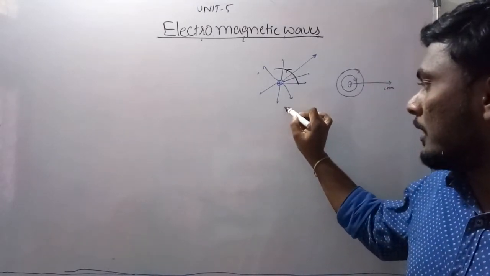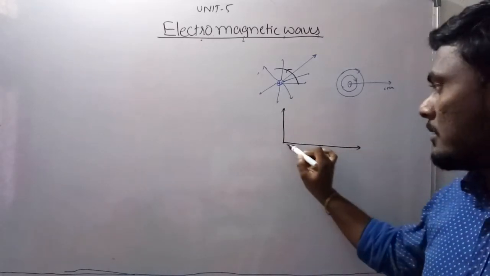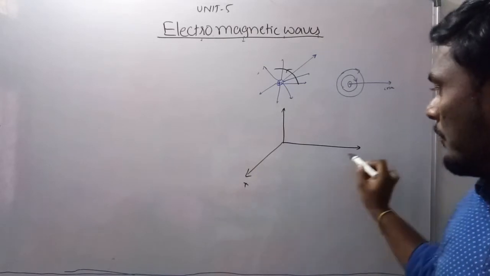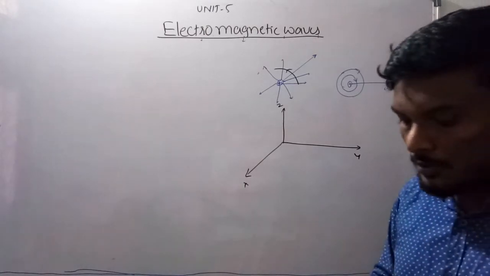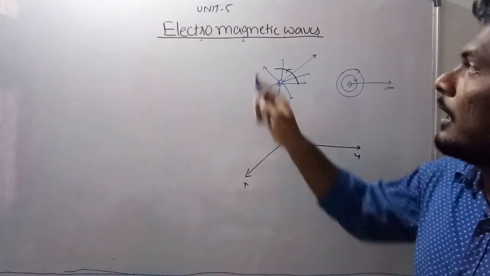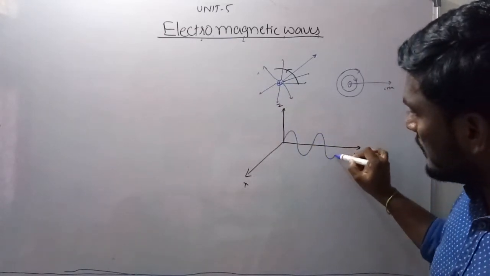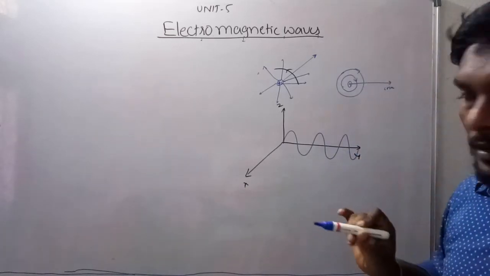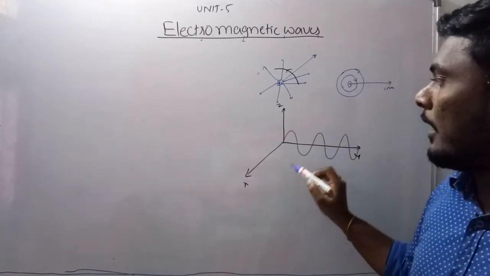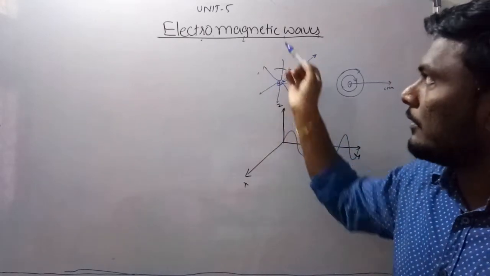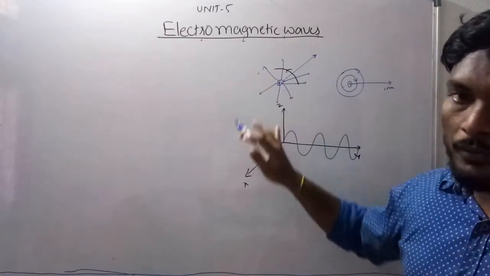I want to conclude by taking an example of the Cartesian coordinate system with x, y, z axes. Suppose the electric field wave is propagating on the y axis; the magnetic field should be perpendicular to the electric field.